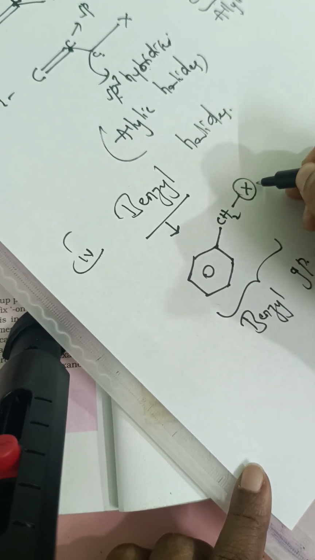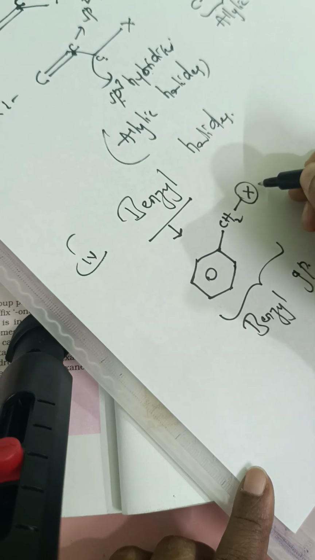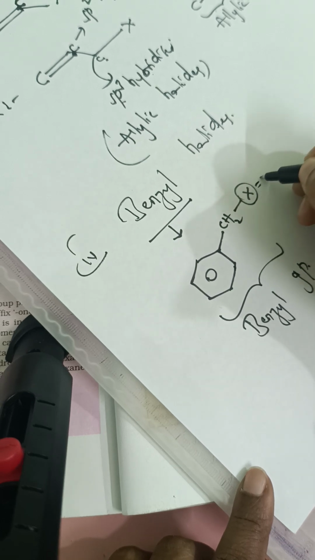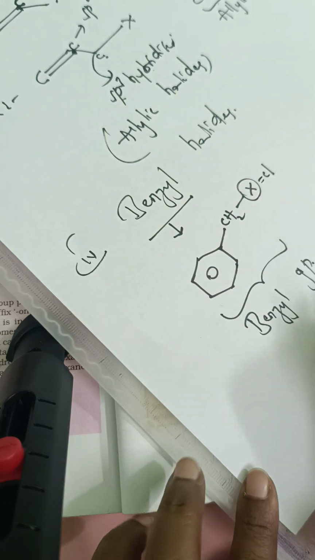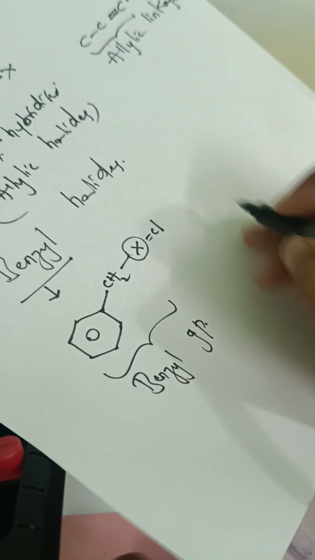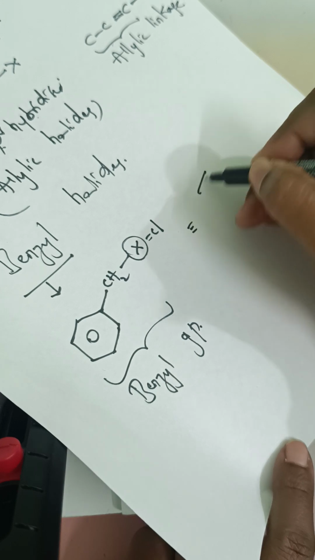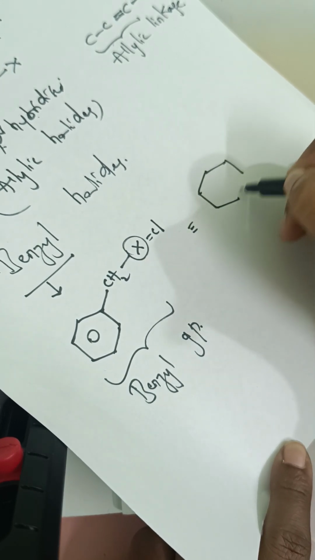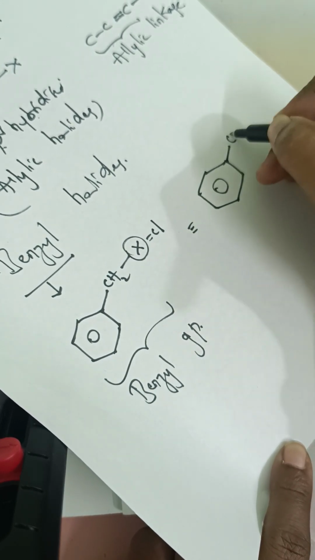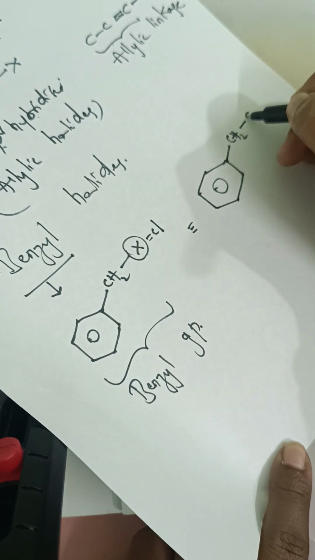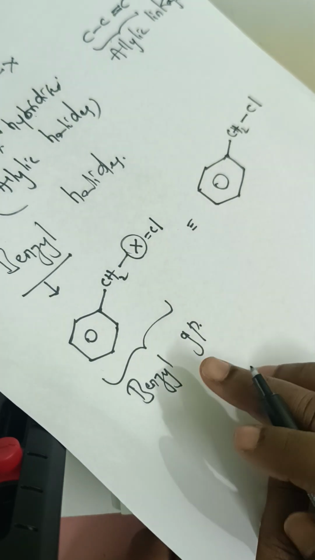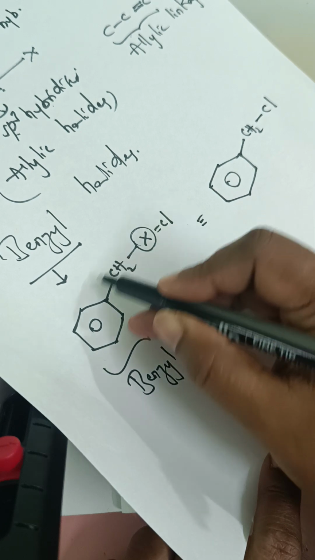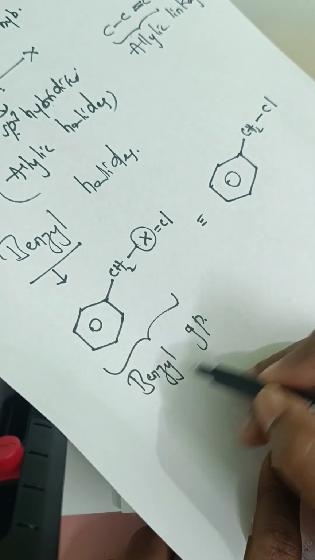Suppose you are taking X as Cl. The structure will become, again you take the ring, connect CH2 and then Cl. Already we know the name up to here is benzyl.